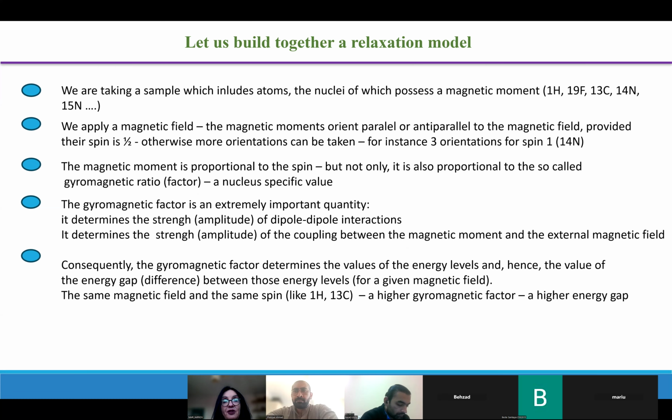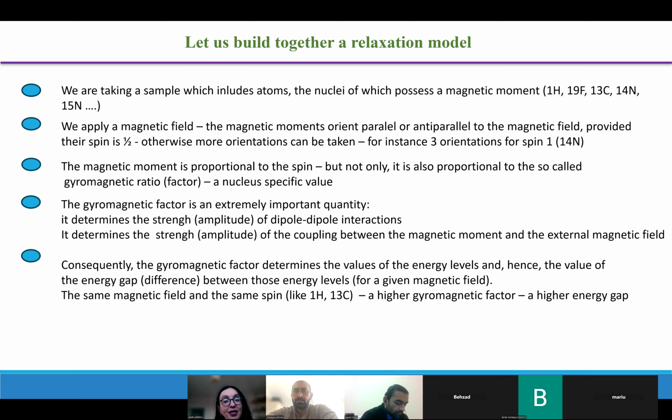And this is the last thing eventually which I wanted to tell you. I told you at the beginning that when you apply higher magnetic field, the difference between the populations of those two energy levels, let us stay with those two, so spin 1/2, is larger. And I made the comparison between sitting and standing, or rather, always sitting, but in less or more comfortable positions, yeah?